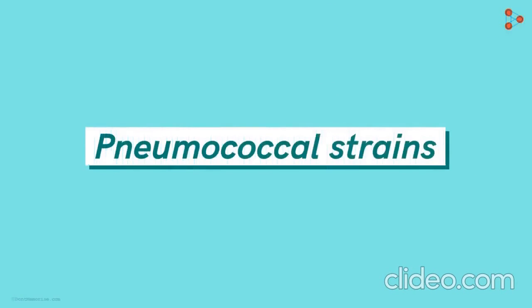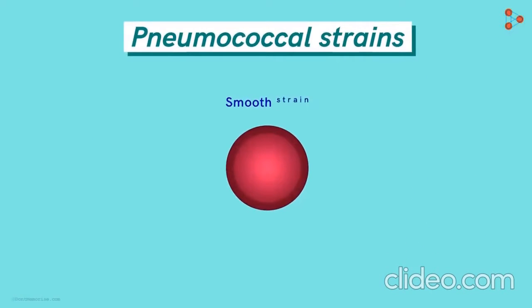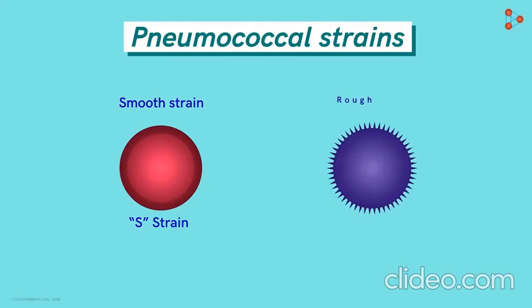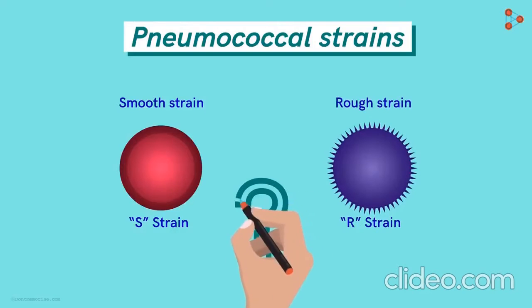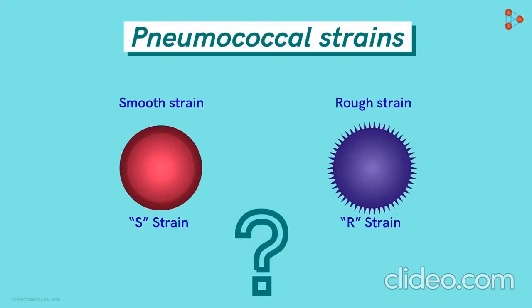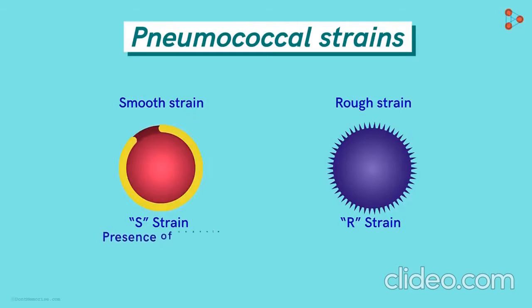To begin with, we need to get introduced to the two types of pneumococcal strains. This one is the smooth strain, denoted as the S strain, and this one is the rough strain, denoted as the R strain. Why are they named so? The smooth strain, as we can see, has a smooth outer surface.